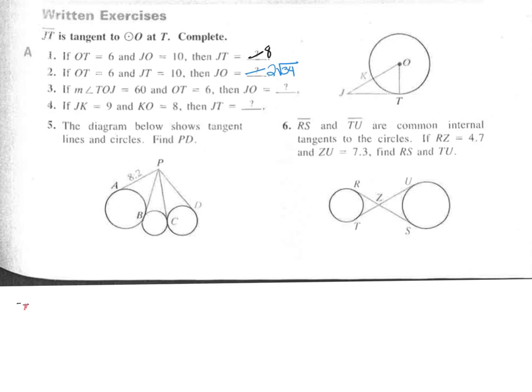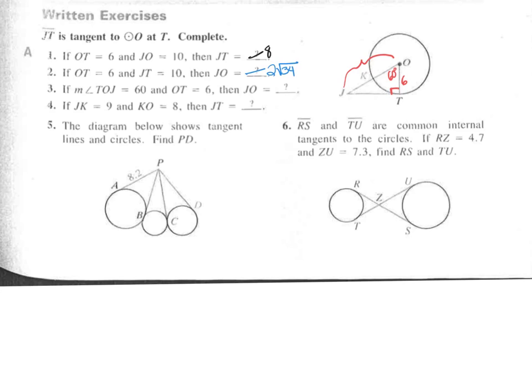On number 3, angle TOJ, so from T to O to J, is 60 degrees. OT is still 6 units. We now have to find JO. Okay, now remember, we still have that right angle there.